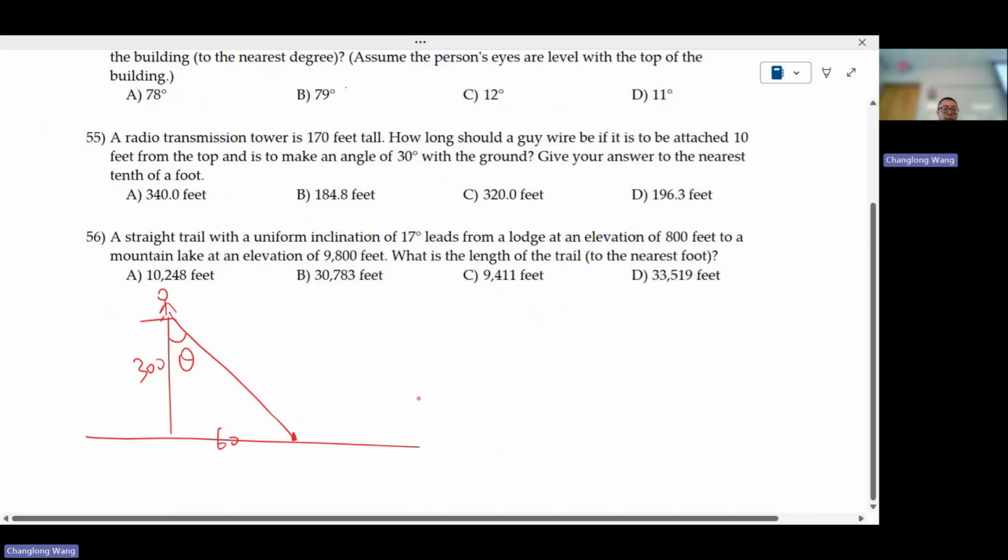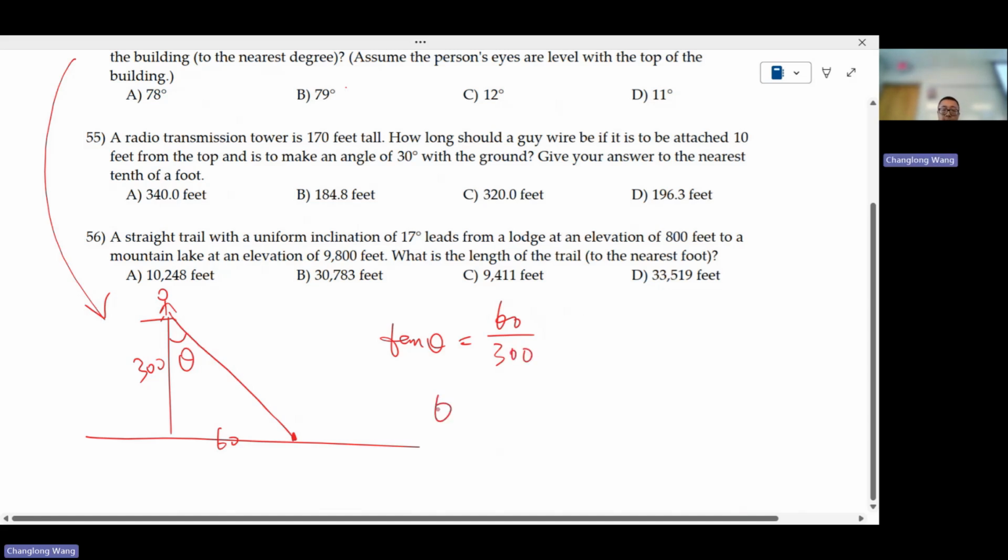Right. So basically, they're looking for the angle theta. Well, you realize we have tangent theta equals the opposite, which is 60, over the adjacent, 300.